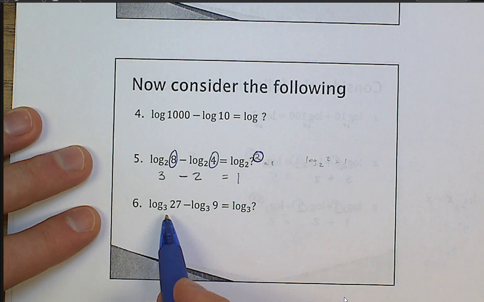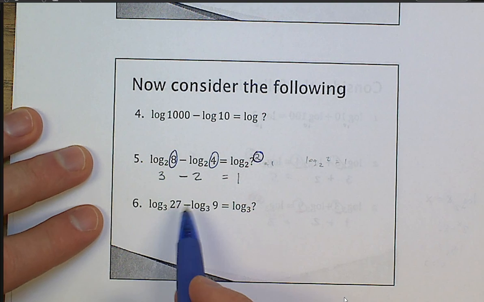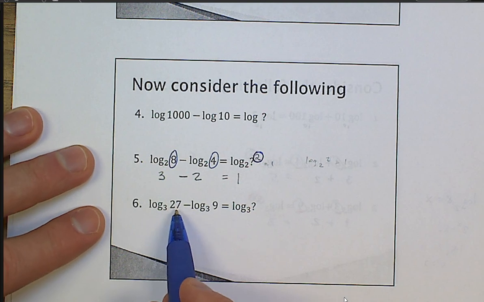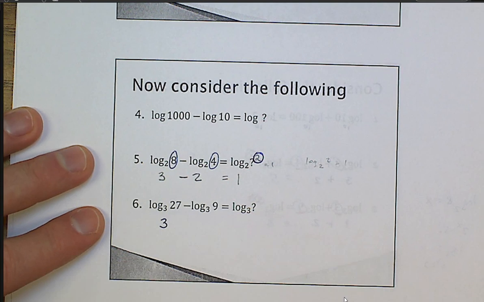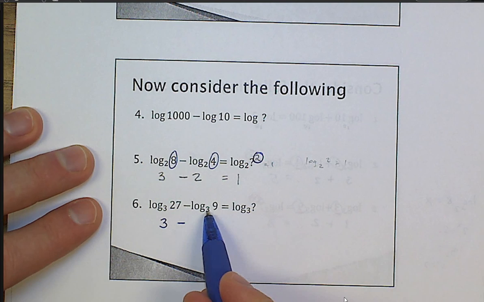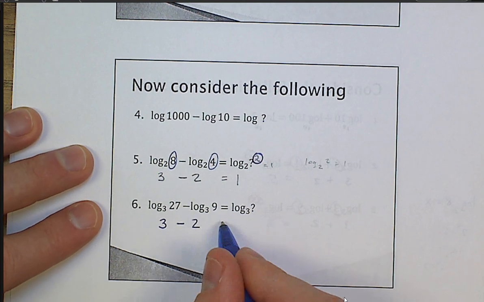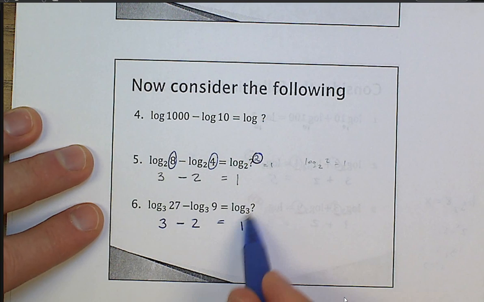What power, that's what log means, what power on 3 gives you 27? That would be a 3, right? 3 to the third is 27. Minus, what power on 3 gives you 9? 3 squared gives you 9. So we know that this right here has to give us a 1.